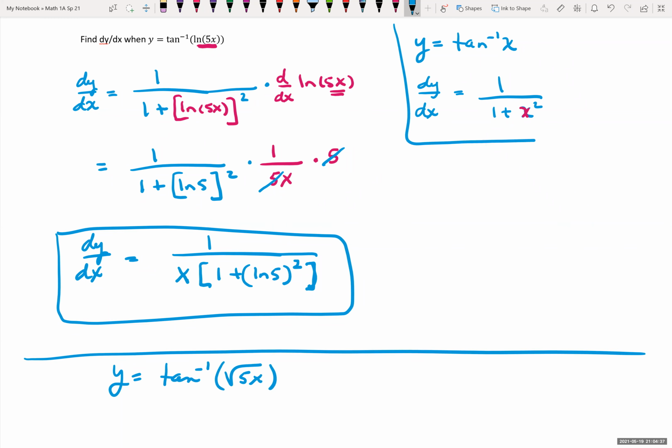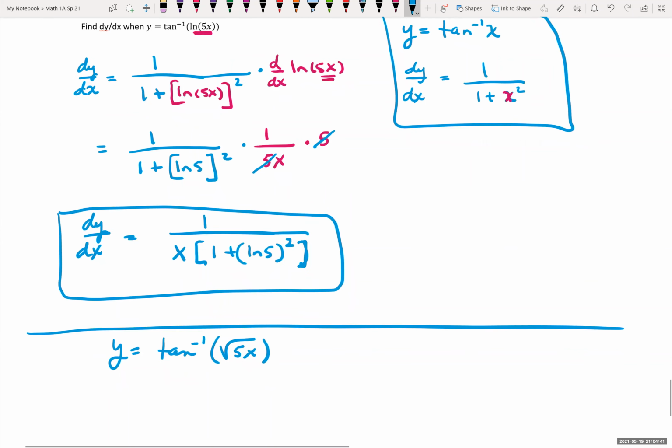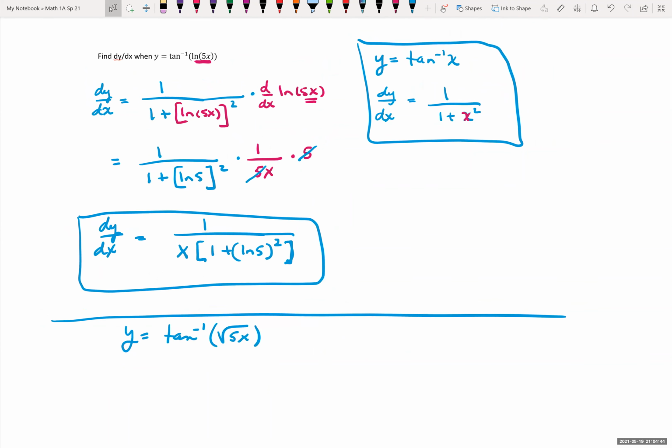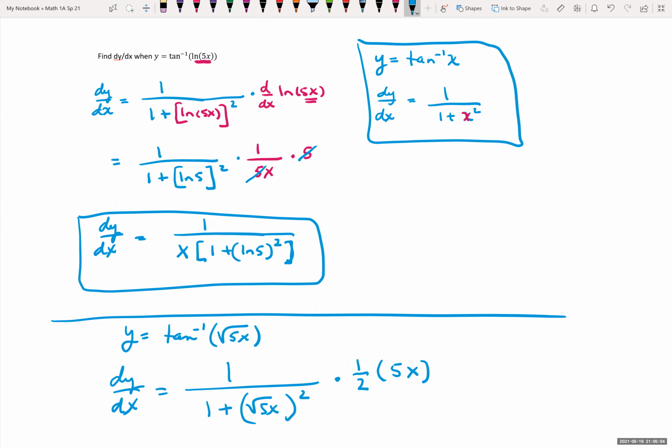So using our formula, and we can always use triangles to manipulate this, but if we used our formula, then we get dy/dx is equal to 1 all over 1 plus root 5x quantity squared times the derivative of the square root of 5x. We'll bring our power down in front, 1/2 of the inside 5x, subtract 1 from our power, negative 1/2, times the derivative of the inside, which is 5.